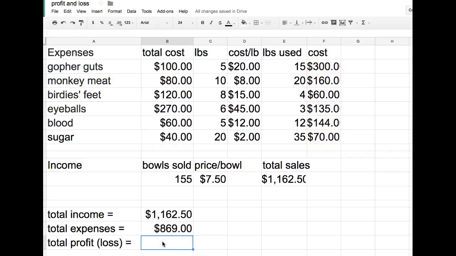And now for our profit and loss, let's do the same thing. So let's say equals B14 take away B15. Okay. So why don't you work on these 3 sheets, and we'll do some more with this in preparation for you to get your business up and running, and in order to tell your investors how much they should invest.